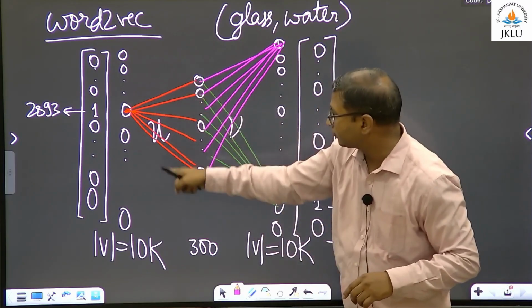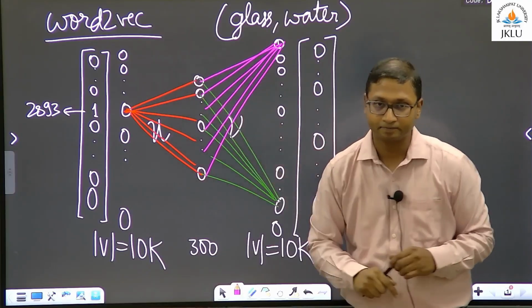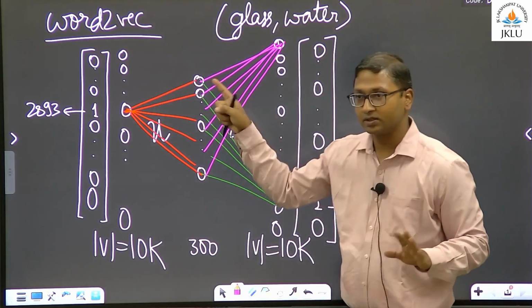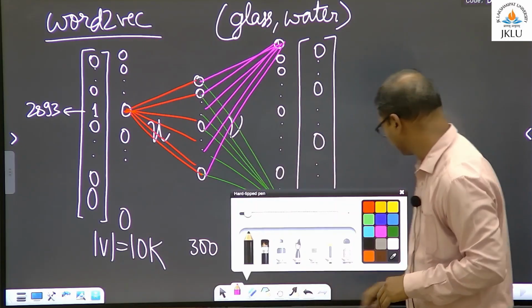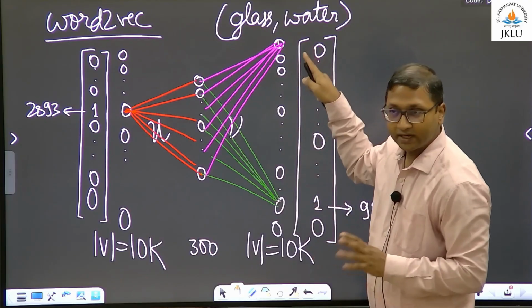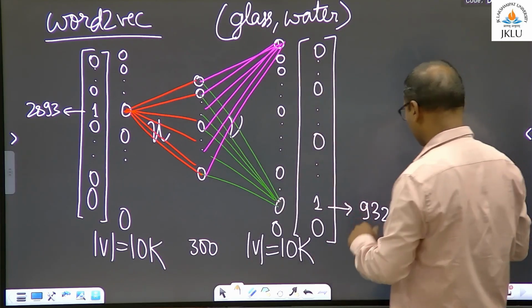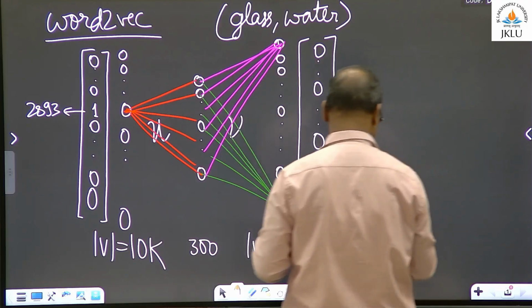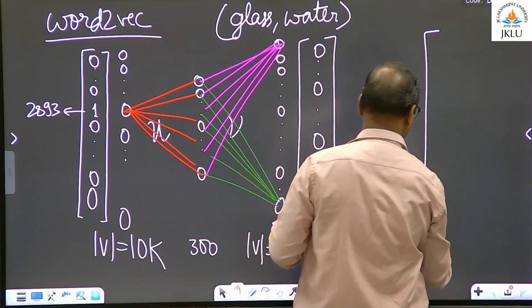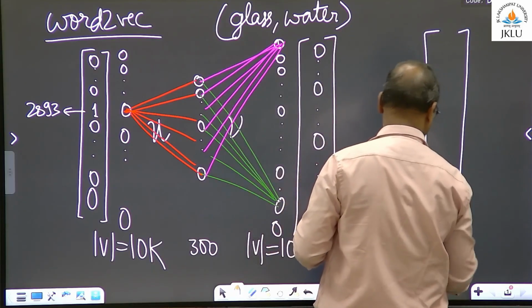So what is the weight dimension size here? 300 cross 10K, good old way, and here we will have 10K cross 300. Okay. Now, we will have non-zeros here. So how will my vector here look like? I'll get rid of this 9329 now, or maybe it's okay. So how will my vector here look like?